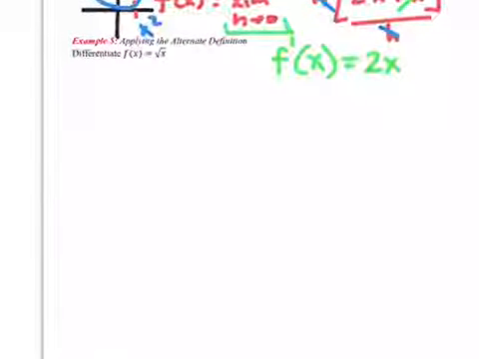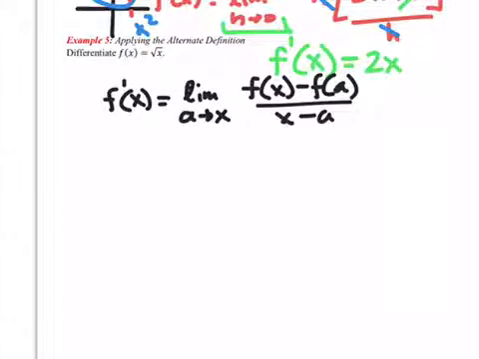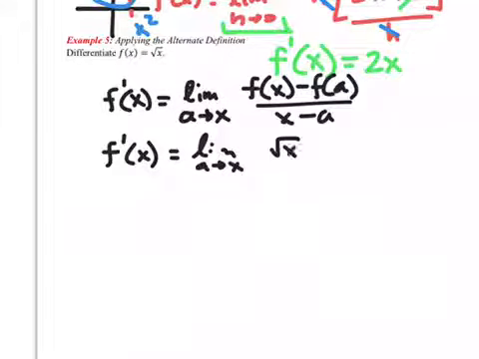Let's apply this using the alternate definition for the next one. Okay, so I've written out the alternate definition of the derivative, which is the limit as a approaches x of f of x minus f of a over x minus a. So let's do a little algebra there. So that'll be the limit as a approaches x of f of x, which is square root of x, minus f of a, which is the square root of a, over x minus a.